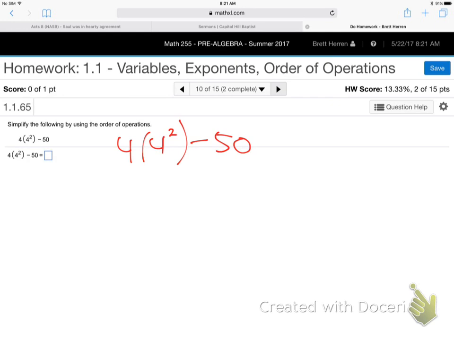What do you do first? Yeah, that exponent in the parentheses there, right? And that's what, 16? Good. First do that power. And next, no, that subtraction will come last, because adding, subtracting is last.